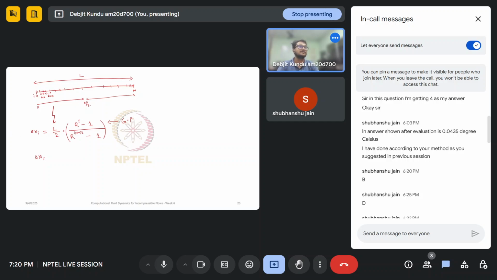So this is for i from 0 to n by 2. And for i equal to n by 2 to n, the delta x i should be L by 2 into r power n minus 1 minus i minus 1. So similar to this, just instead of i, you have to replace that by n minus 1 minus i.